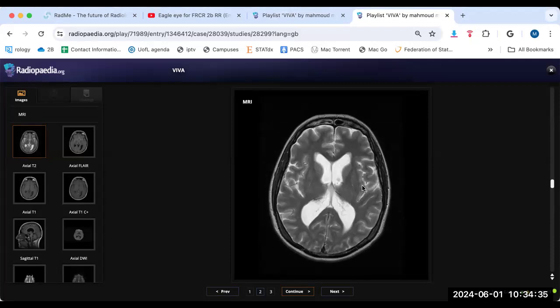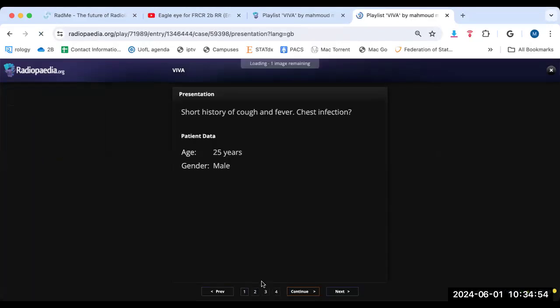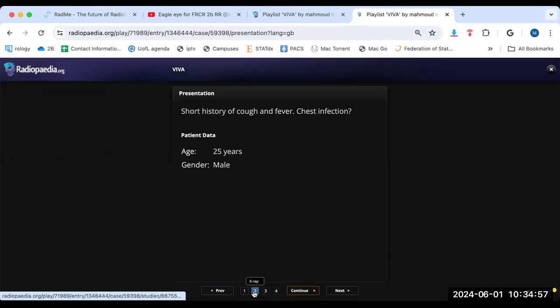Like what lesions? Like tectal plate glioma, like pineal lesions. What will you do next? I will assess the other planes, sagittal plane, and check for any lesions.